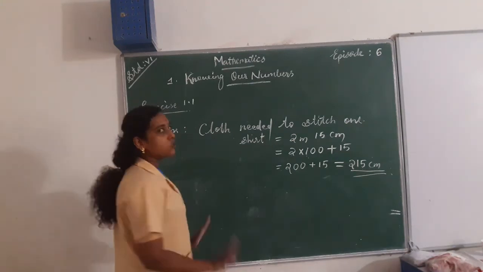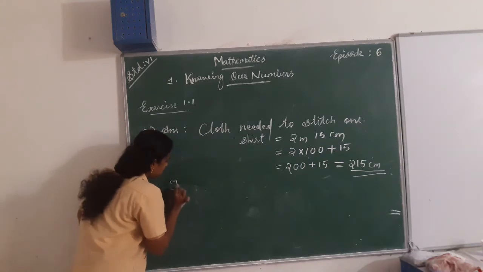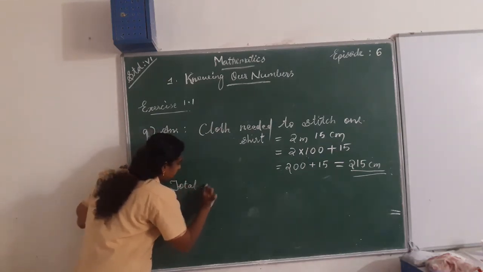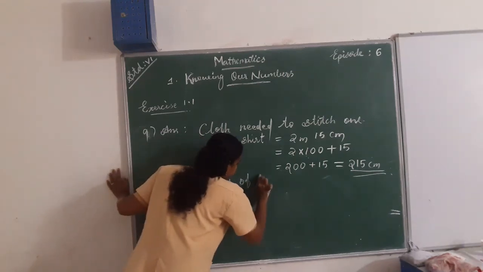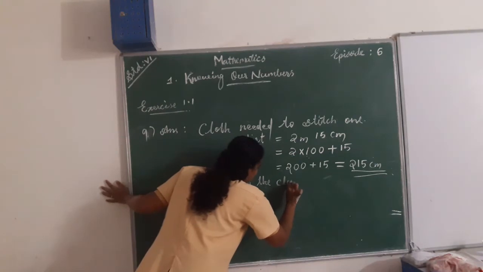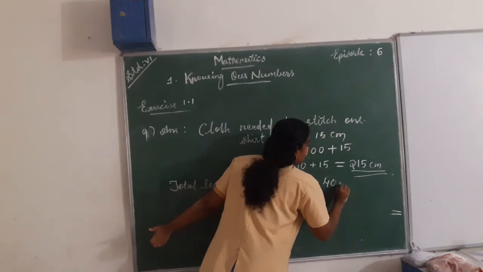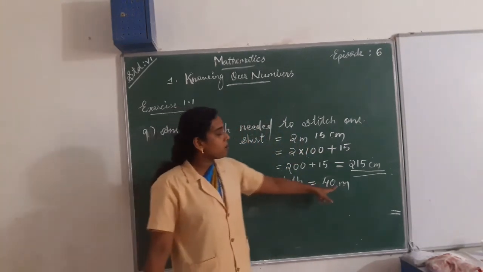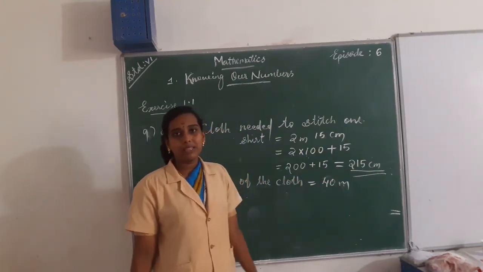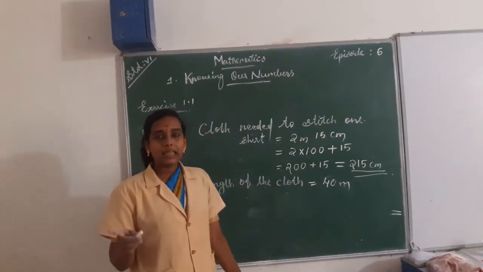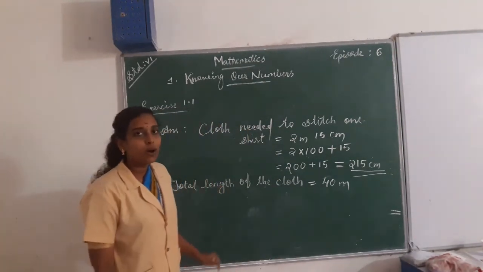So 40 meter is the total length of the cloth. Our next step is total length of the cloth is equal to 40 meter. Here 40 is also in meter, and we want to convert meter into centimeter. For converting meter into centimeter, we multiply the number of meter into 100.